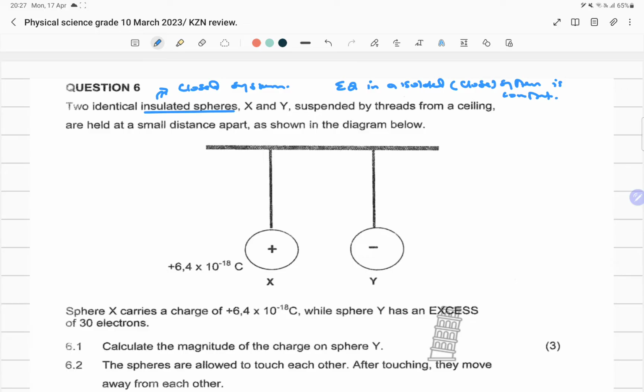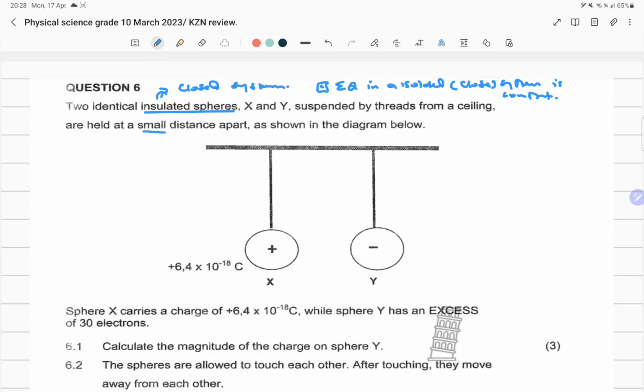So to put it nicely scientifically, we can say the total charge in an isolated system is constant. So by insulating these, we're making sure that they don't interact with any other materials in the environment, but only within this created system of ours here. So please understand certain inferences in science. Okay, they are held together a small distance apart as shown in the diagram.